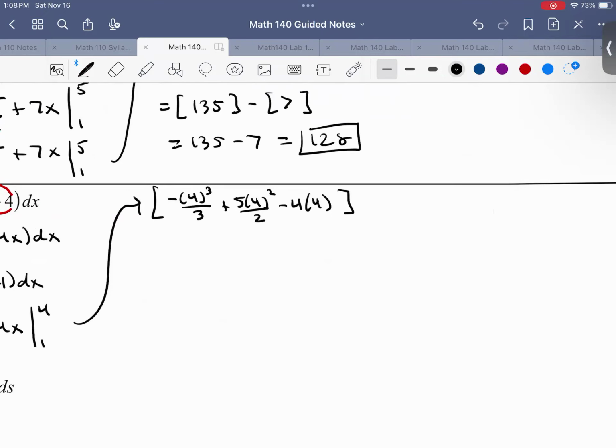And now I'm going to plug in 1. That's our lower limit. This would be negative 1 cubed over 3 plus 5 times 1 squared over 2 minus 4 times 1.